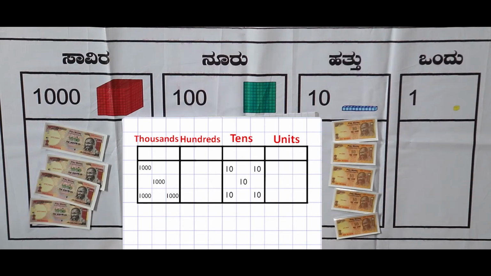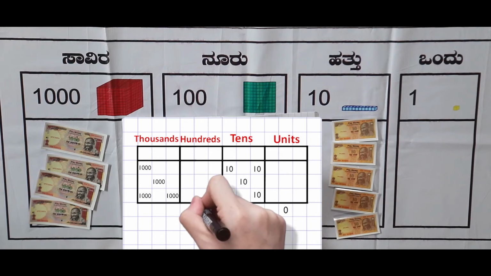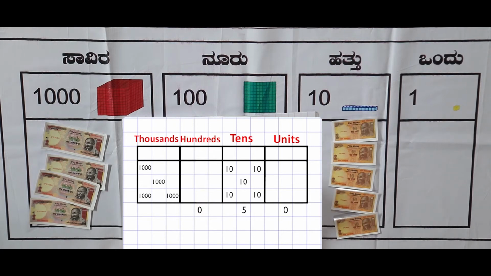We don't write anything. Let us total it up now. Units place is empty, so it is 0. 5 tens, so it is 50. 100's place is empty, so it is 0. In 1000's place we have 1000, 2000, 3000, 4000. So here it is 4.